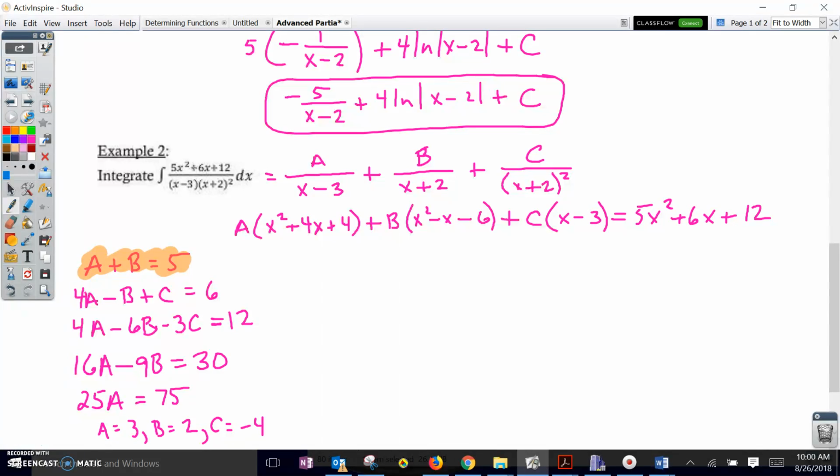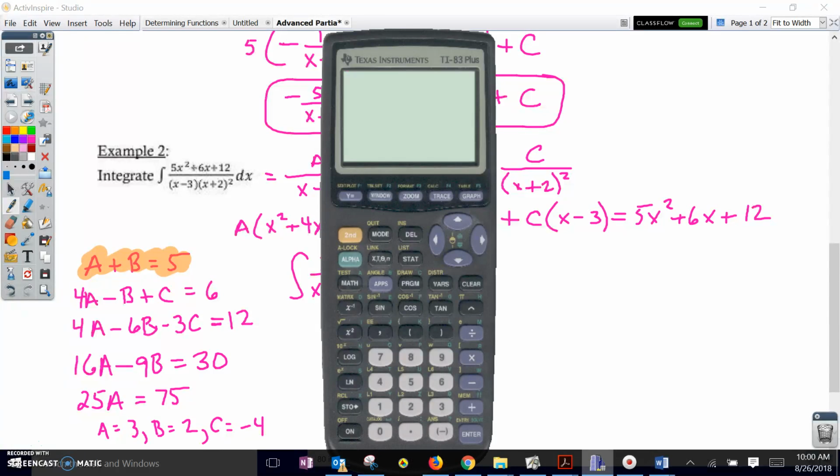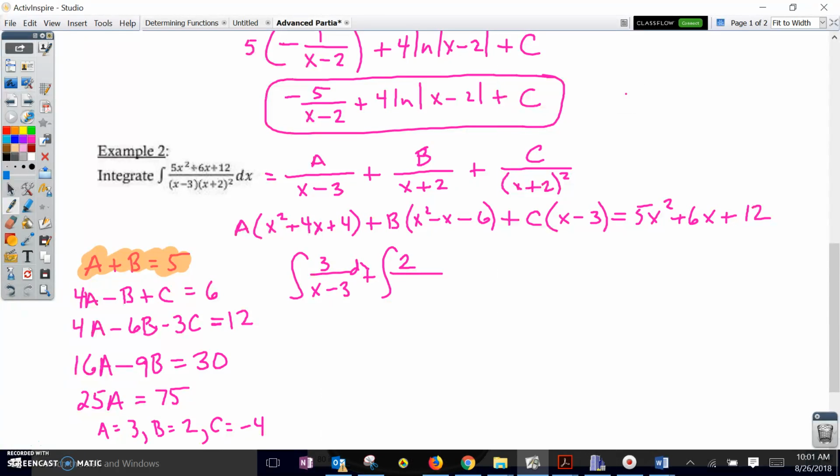So our integral now is the integral of 3 over x minus 3 plus 2 over x minus 2 minus 4 over x plus 2 squared.